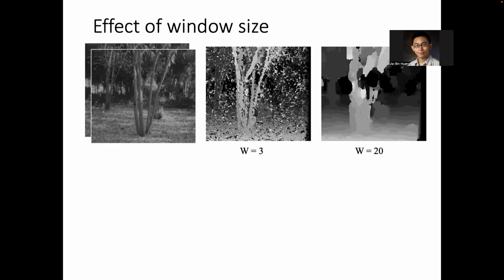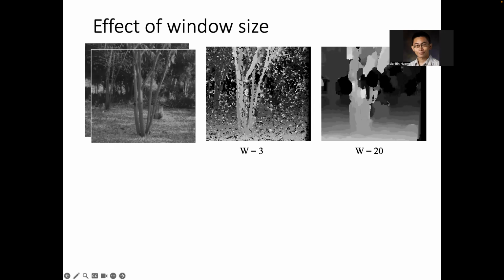On the other hand, if you have a large patch size, you have more context to describe a local region. So you get less noisy, more accurate results, but because you have a large region, you won't be able to detect these thin structures. You can see that now it's clean, but everything is smoothed out.